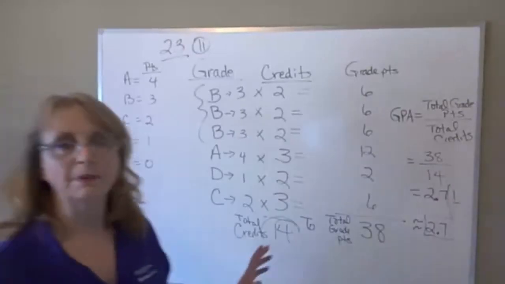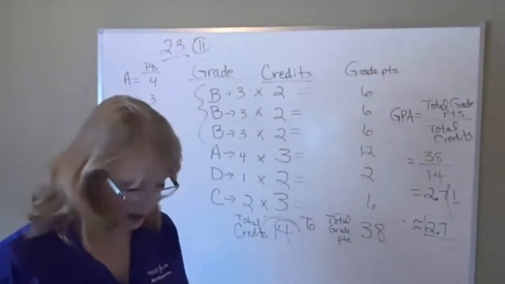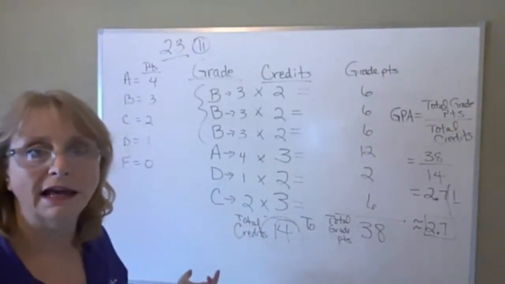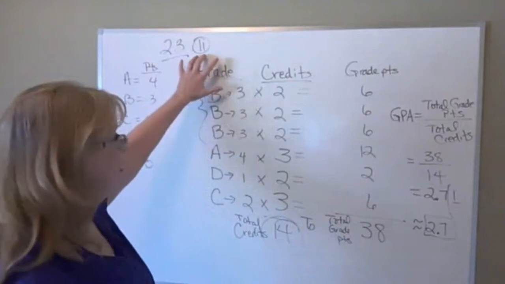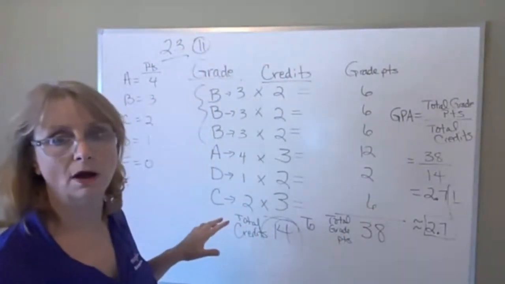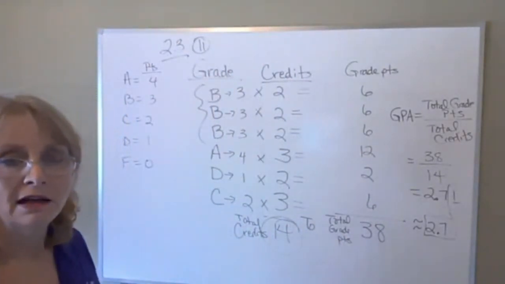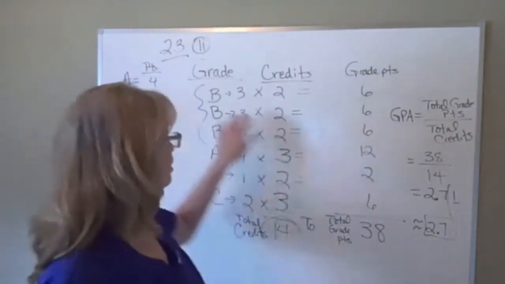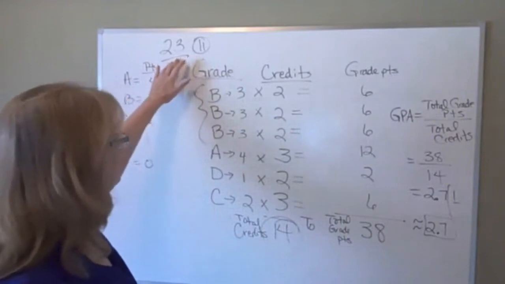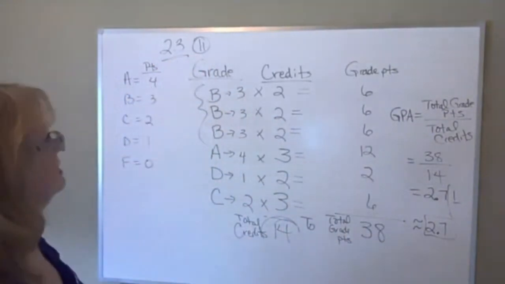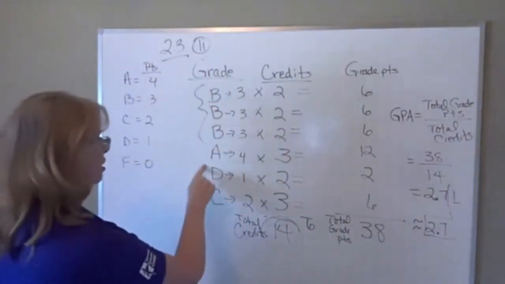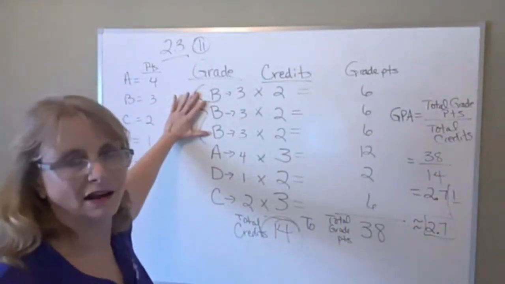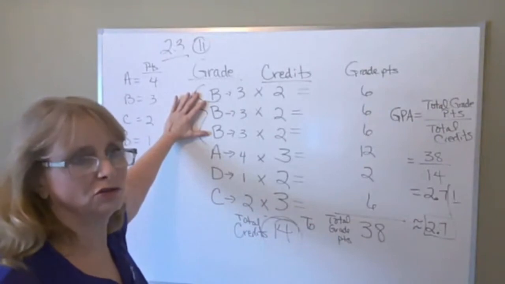Now, I'm going to leave this up here for a second because this one's a little bit more complicated. I'm going to check roll and let you guys work on this number 11. Okay, so I'm going to give you a few minutes to do that. If you have a question or something, you can come on and turn on your mic. But go to number 11 on 2.3 and see if you can follow this. So you're writing the grades for all the classes, being careful on the one that says, there's probably one in there that says two credit class.